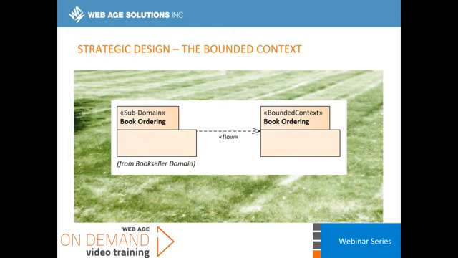They don't have to, but it's an implied mapping if they both have the same name, as long as they are maintained separately, because the contents of the subdomain book ordering have the problem space description of what the business benefit is going to be, and the bounded context content is going to be the software design, the tactical design, if you will, of the domain-driven design.